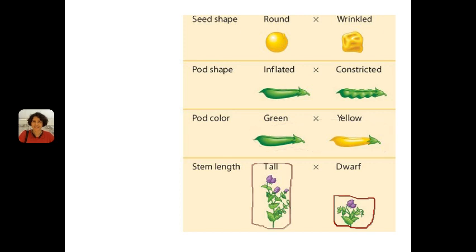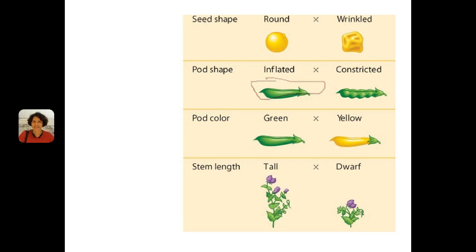And each of these characteristics were independent of each other. So you could have round shape, and it could be green or yellow. So you could have round yellow, round green, and you can have inflated pods with round peas or wrinkled peas, or green peas that are round, or green peas that are wrinkled, or yellow peas that are round and wrinkled.